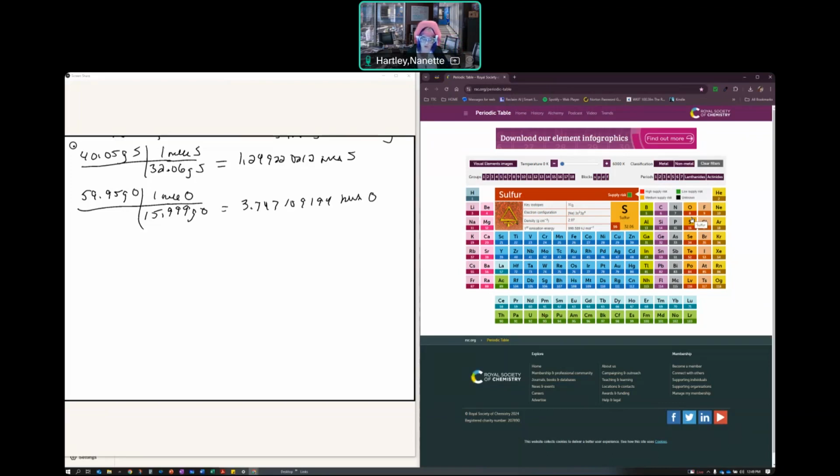the moles of those things, not the masses, but the moles. So I now have a relationship to know how many moles of each material that I have, but they're not nice whole numbers. So what I would be looking at if I were trying to do it this way is sulfur 1.2497, and then oxygen 3.7471.